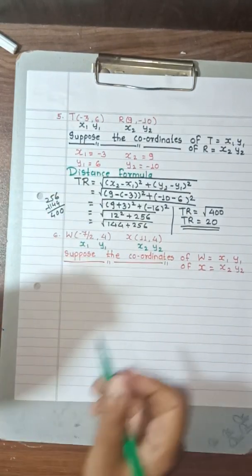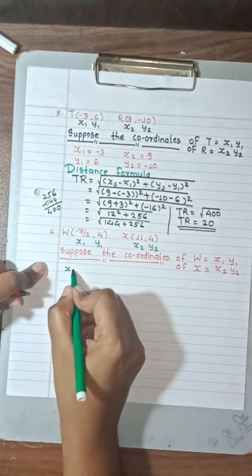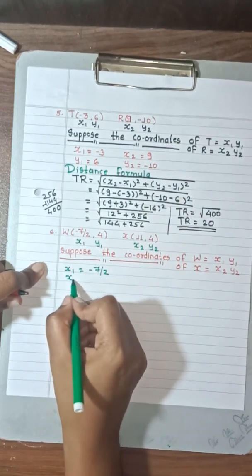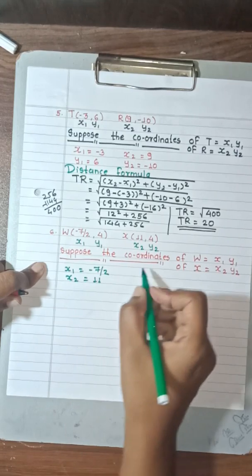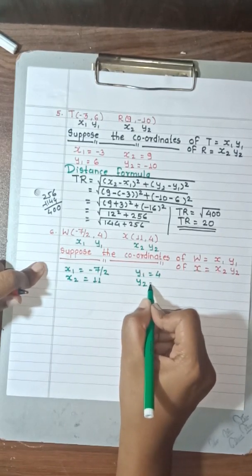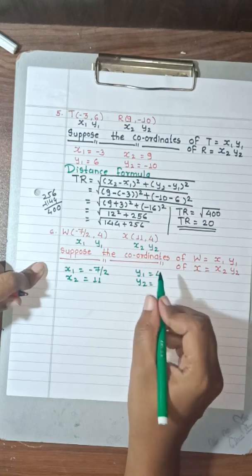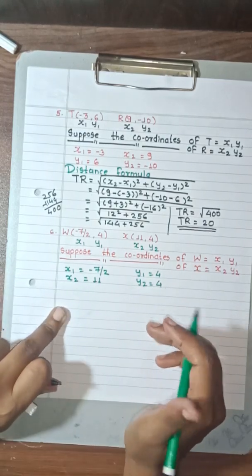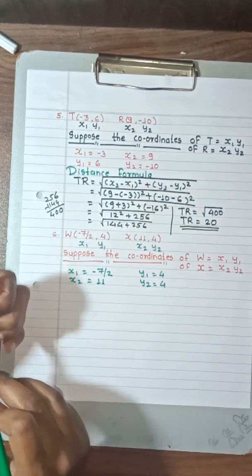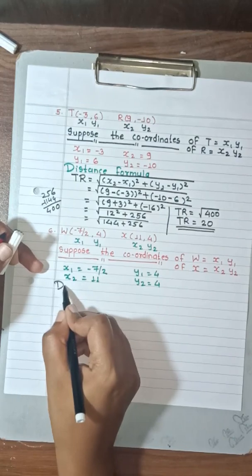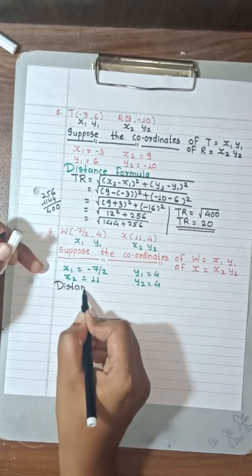Okay, therefore I'll write down here values of x1. x1 is equal to minus 7 upon 2 and x2 is equal to 11. Okay, y1 is equal to 4 and y2 is also 4. Now let us write down the distance formula.